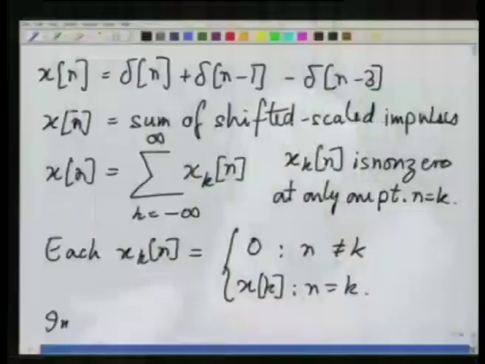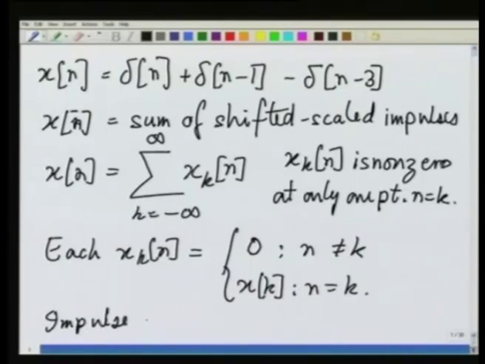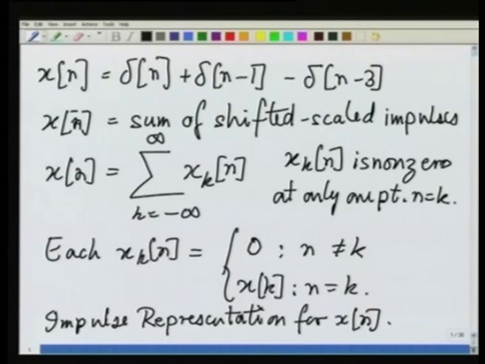This gives us what we shall call an impulse representation for x n. The significant point, of course, is that this is possible to do for any discrete signal x n. Once we have the impulse representation in our hands, the next point is to understand how this impulse representation is useful.